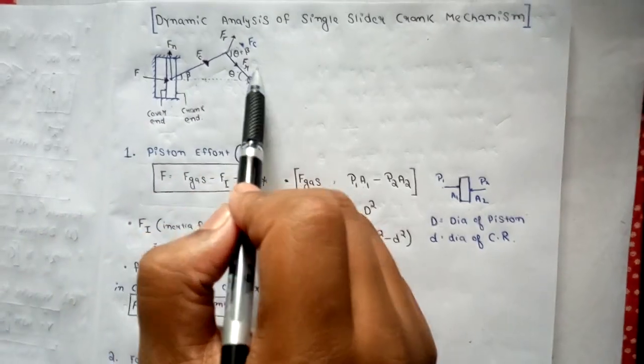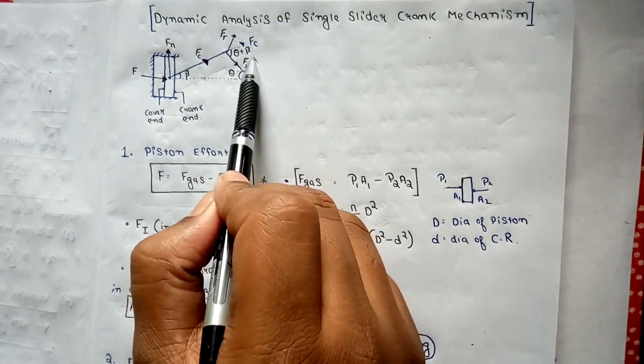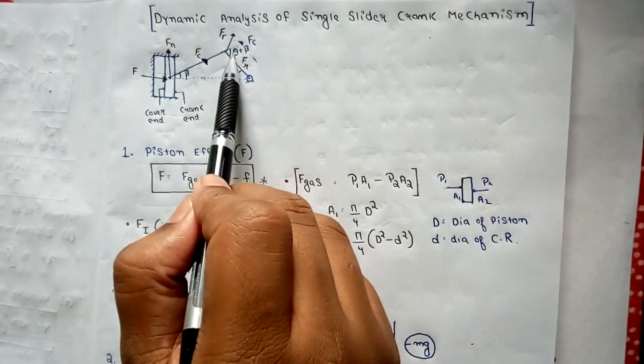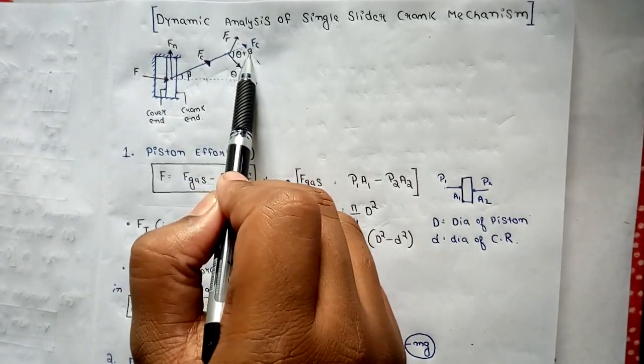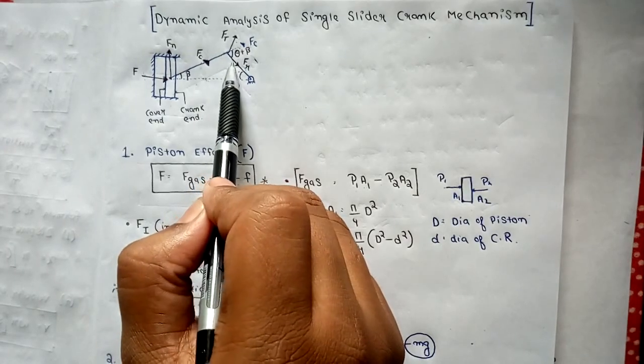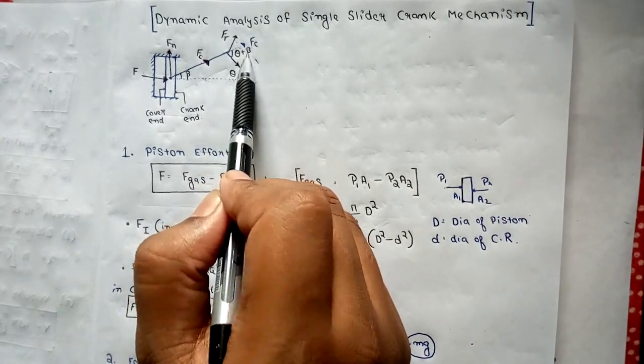Similarly, if we are asked to find Fr, this angle is beta and this is theta, so by geometry this will be theta plus beta. As this angle will be 180 minus (theta plus beta), this angle will be theta plus beta.